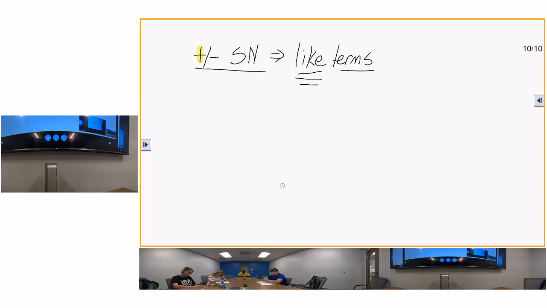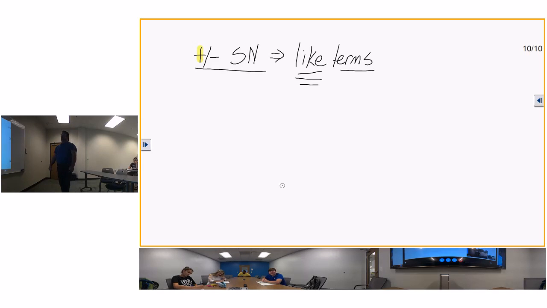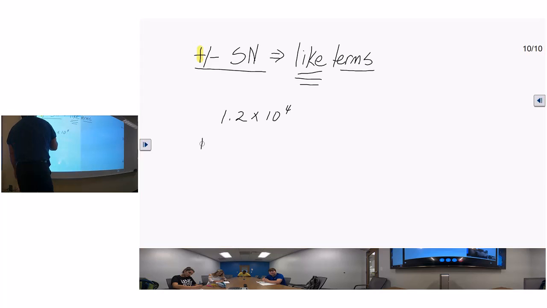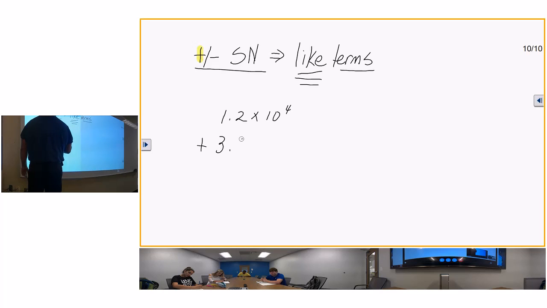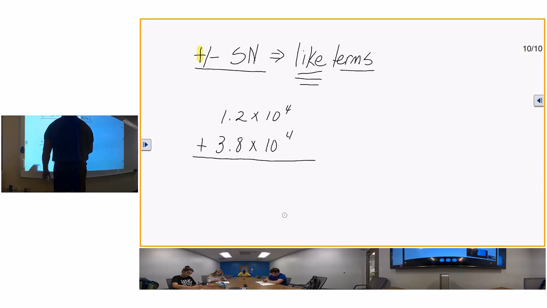All right? Like terms. If I have 1.2 times 10 to the 4th, and I'm adding 3.8 times 10 to the 4th, what do I do with those 10 to the 4th?